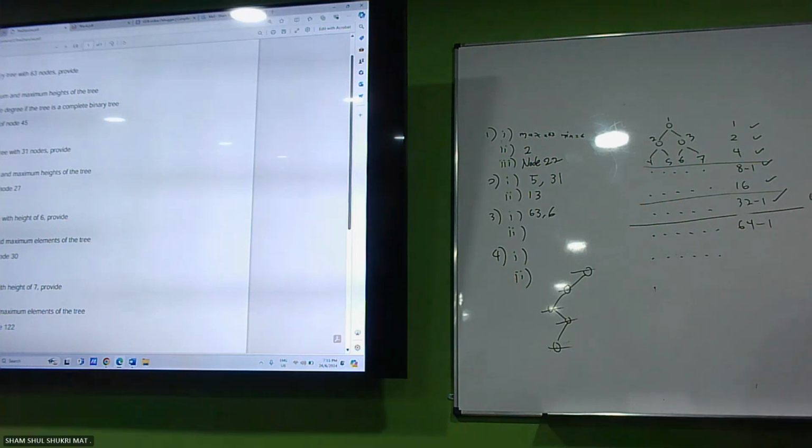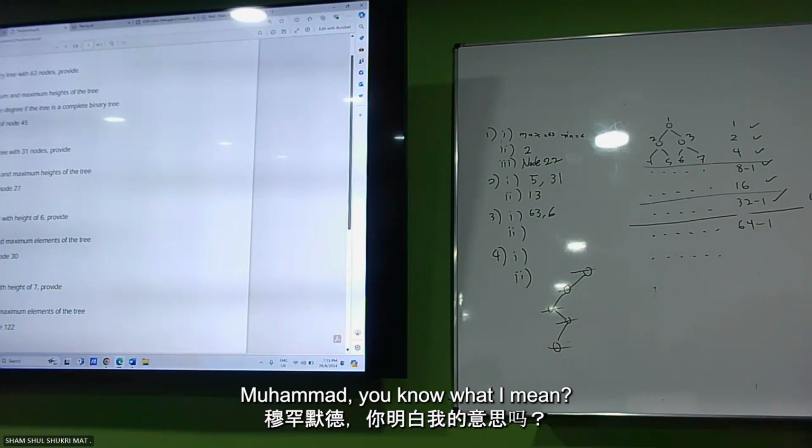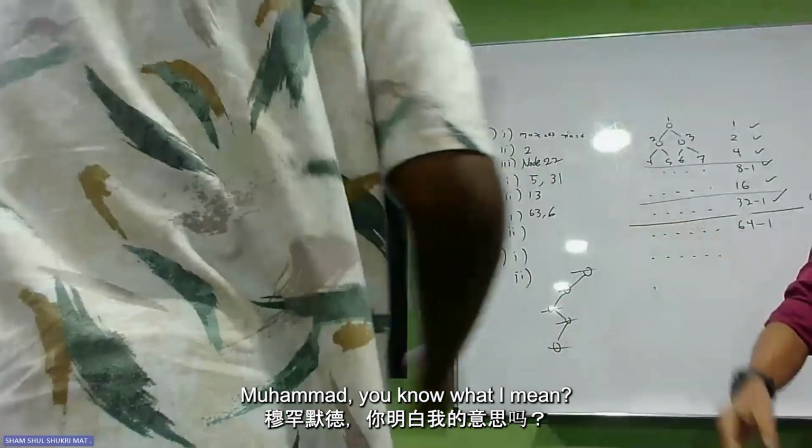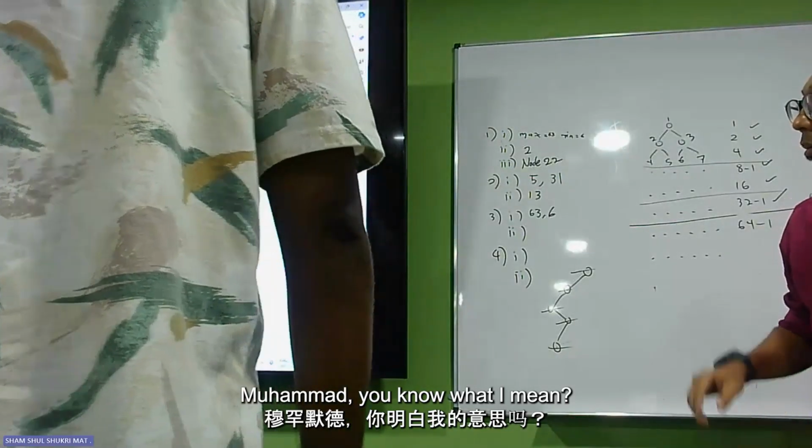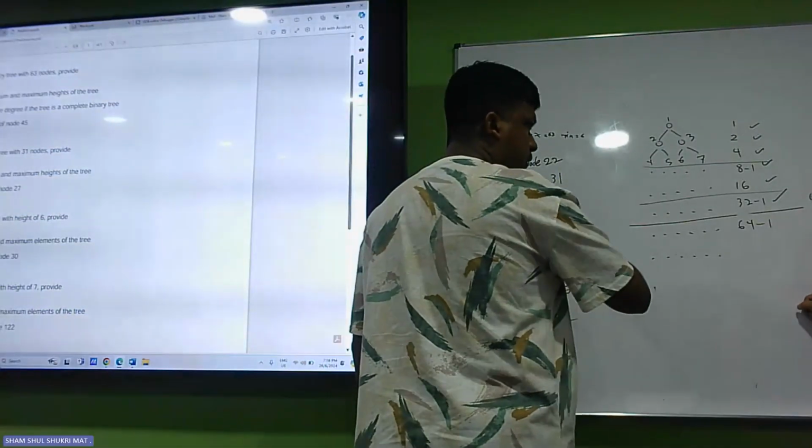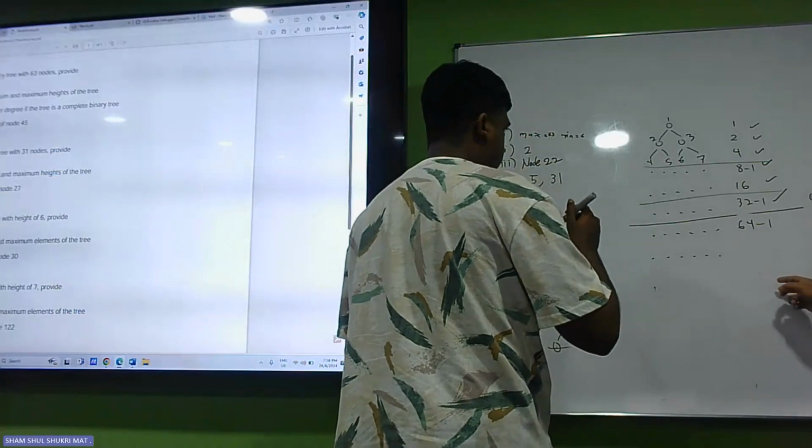Next one. Children. When I count left children, right children, just put two of them.